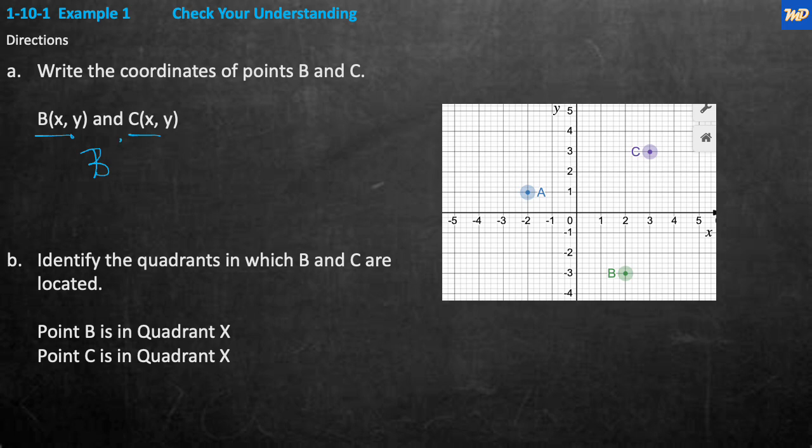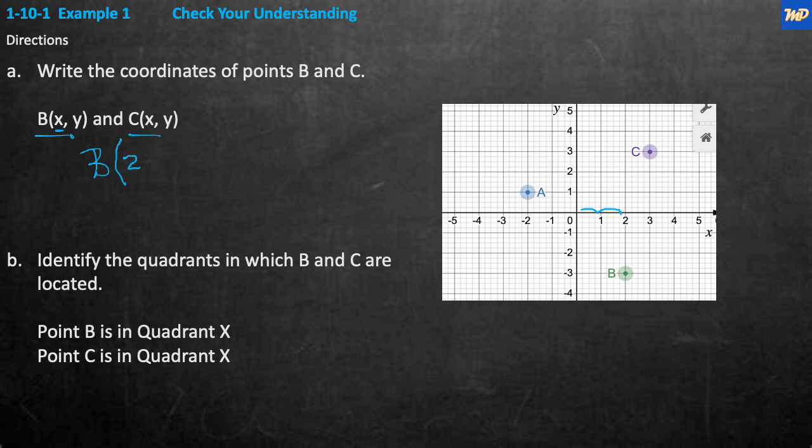B, this is going to be the point we're defining. What is the x value? What is the x part of B? Well, B is right down here. And x, how do we get to B? We go 1, 2 units to the right. And that's positive, going to the right from the y-axis. So we're going to go with a +2.